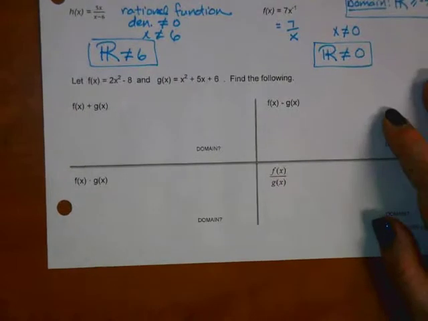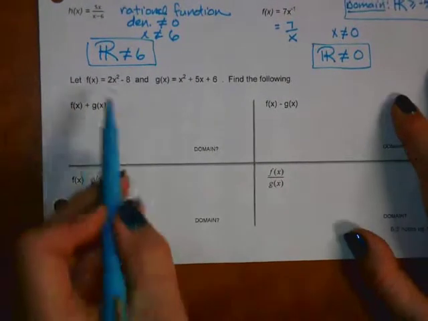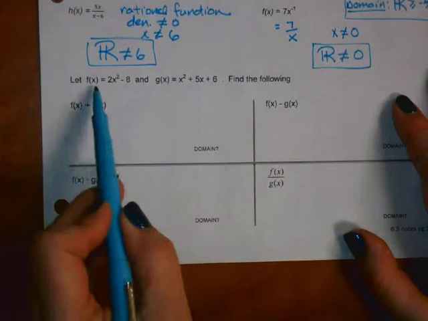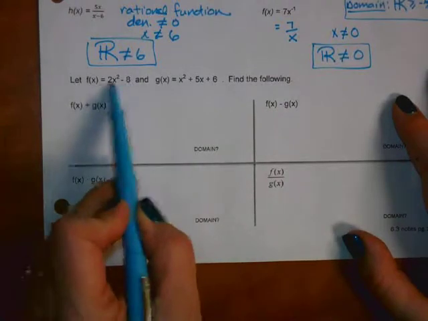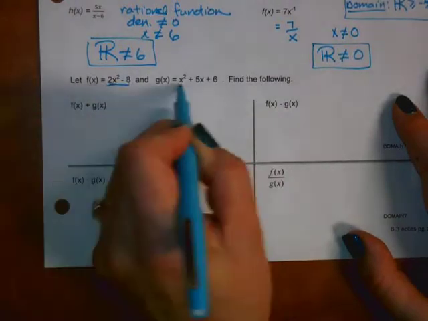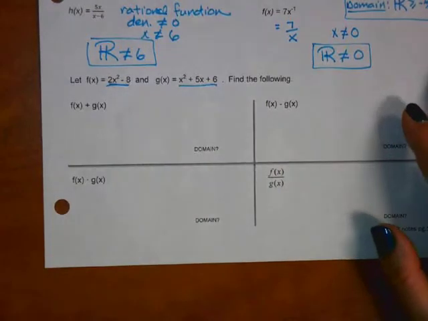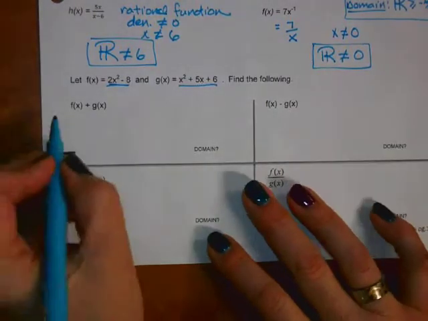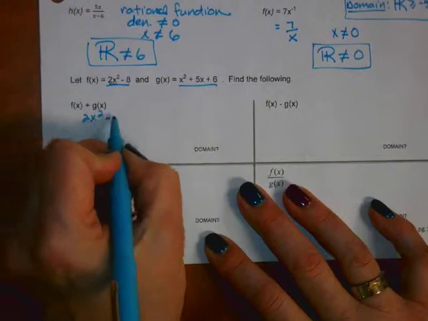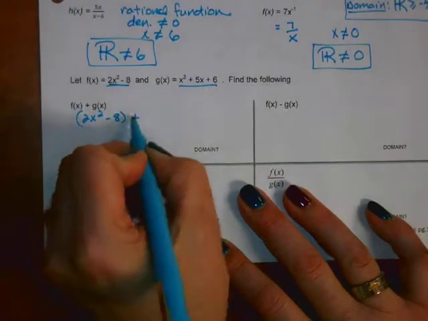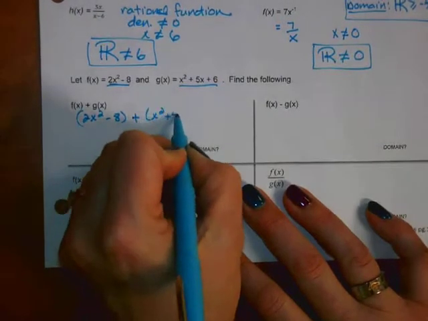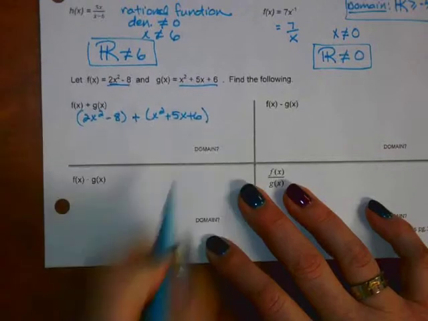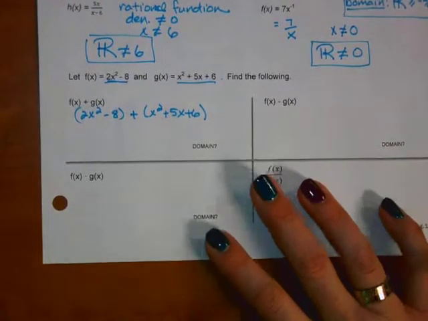All right, let's do some things with different functions. This is saying to add the function f of x and the function g of x together. That's all it's saying. So basically, you're just doing this: 2x squared minus 8 plus x squared plus 5x plus 6, and you just combine like terms.